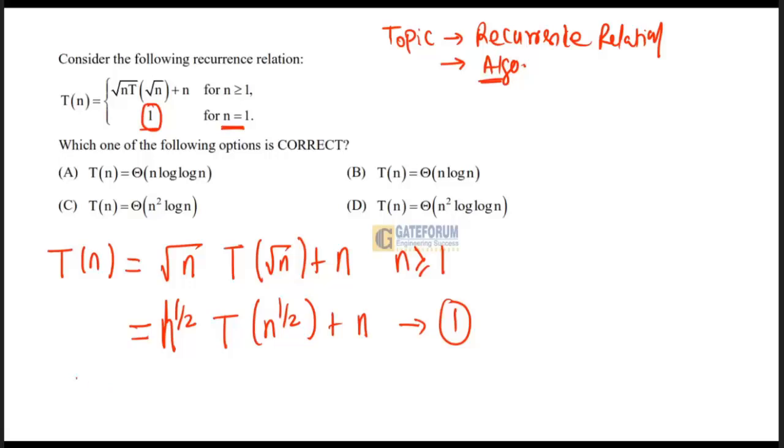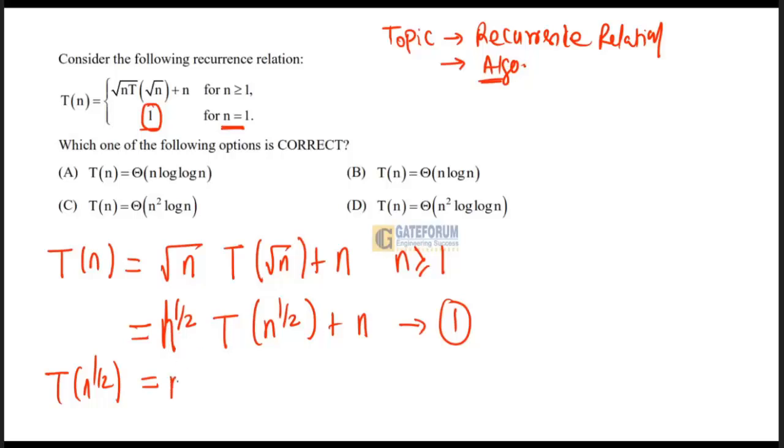After that, T of n^(1/2), again and again in the recurrence relation. It is the basic concept of recurrence, meaning a function calling itself. So now I am going to replace this n with under root n, that is, I am going to put n^(1/2) again in equation 1.